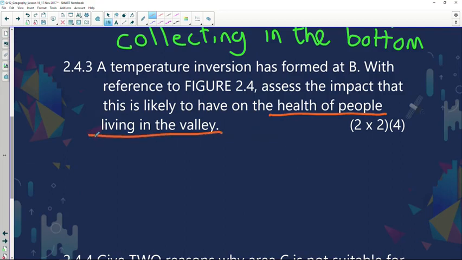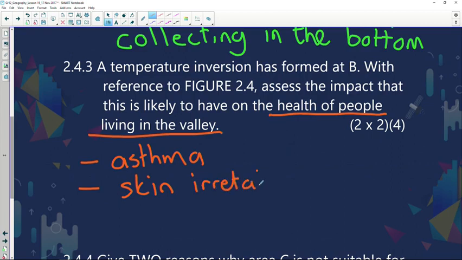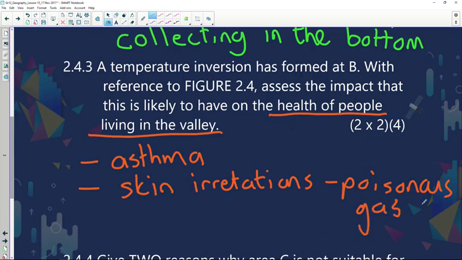Like I've mentioned, it can create asthma, skin irritations because of the poisonous gas, and another reason is it can create eye irritations as well because of the smog.